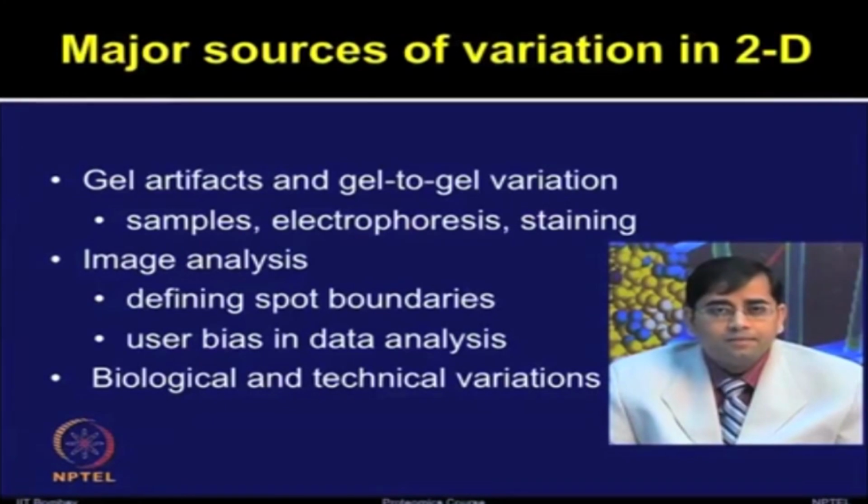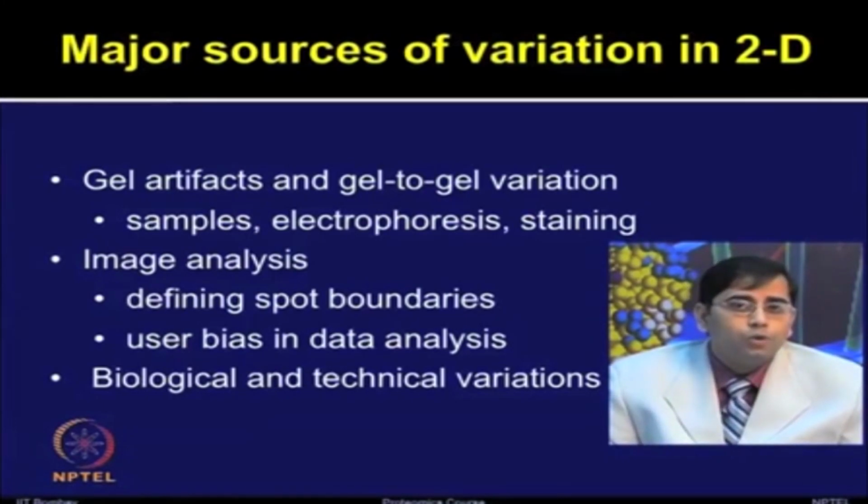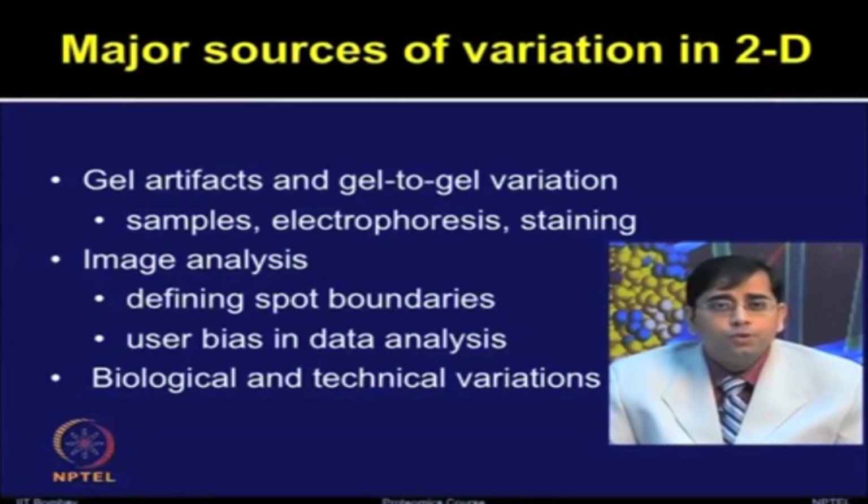Image analysis itself is a very challenging process: how to define the spot boundaries, how to extract the intensity information from those spots. Often there is a user bias in this type of data analysis. So, these are major sources of variation in two-dimensional electrophoresis.